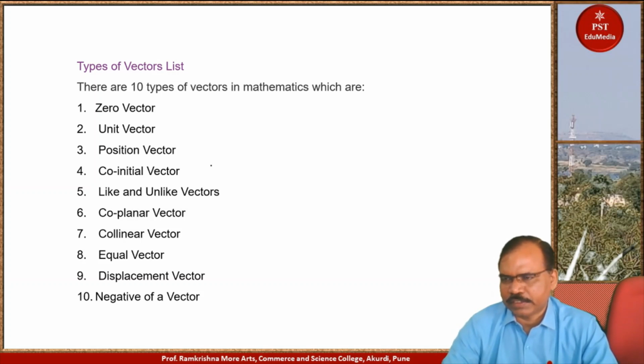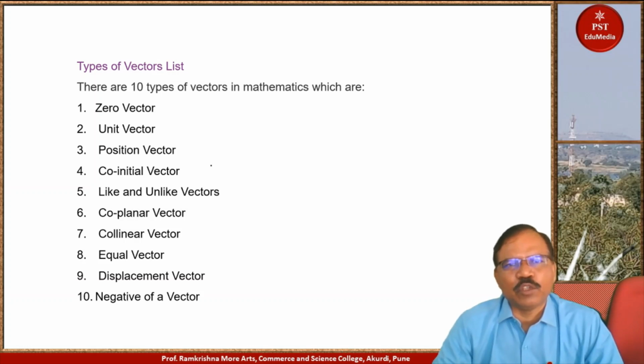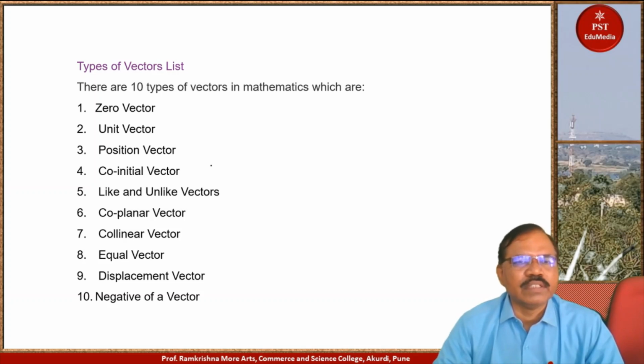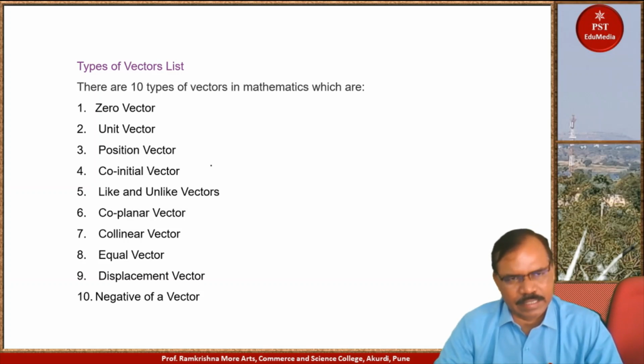Now, types of vectors. In general there are 10 types of vectors in mathematics, which are zero vector, unit vector, position vector, co-initial vector, like and unlike vectors, coplanar vectors, collinear vectors, equal vector, displacement vector and negative of a vector.